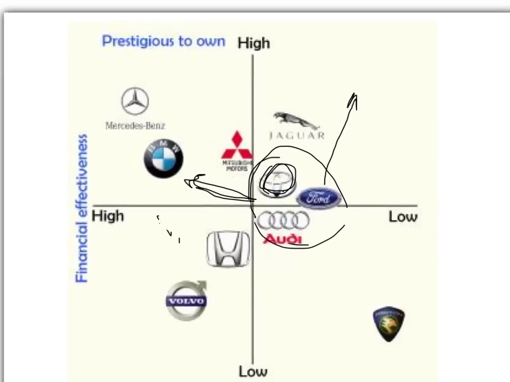So maybe Ford instead will try to position themselves here. But this is called repositioning, when you try to create a different impression of what people think of your product. It comes through your marketing, it comes through your manipulation of the 4 Ps, and that's one way to deal with a competitive logjam like we see on this current slide.